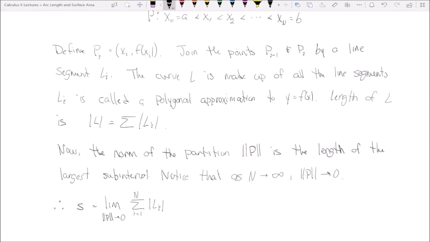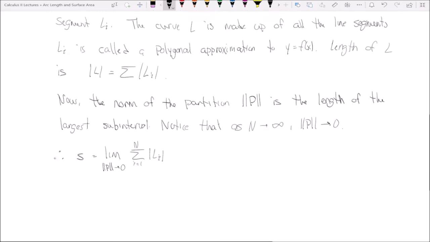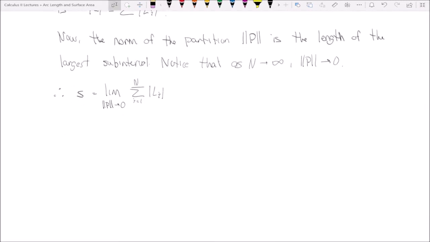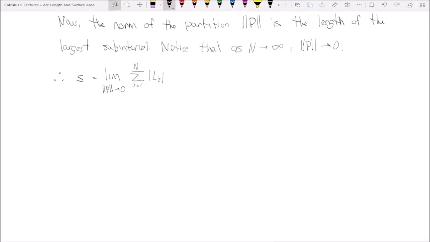What we want to do is now take a closer look at this. So let's zoom in on our graph. Let's just look at something like this. Draw points.